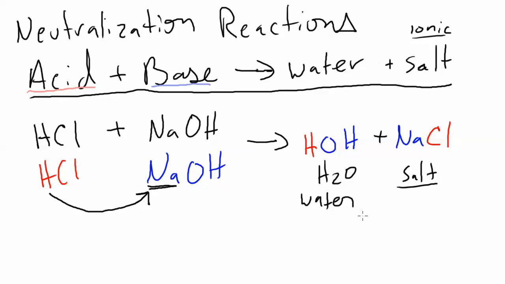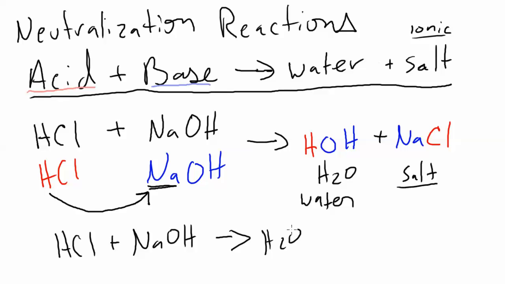So that's your first example. HCl plus NaOH creates H2O and NaCl. And so that's the general pattern. It's the hydrogen taking the place of the metal and creating water, and the metal joining with the nonmetal to make a salt. They're not always quite this simple.